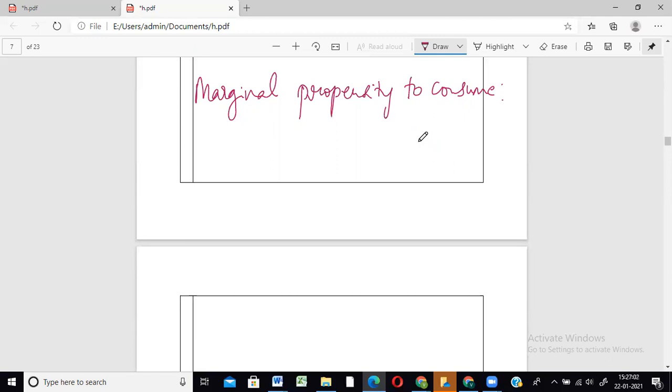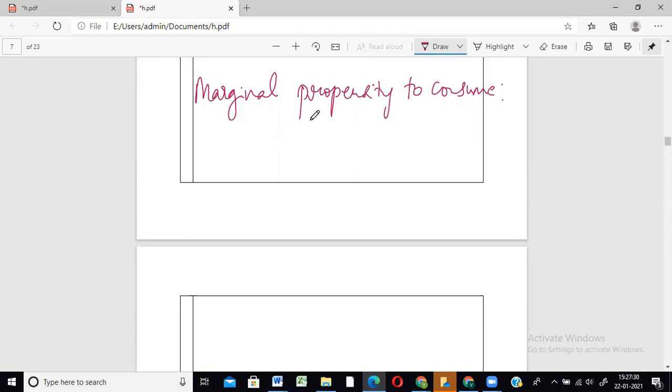Then there are some points where he may not be able to save, and he may take the amount which is kept for saving also. Sometimes he may spend that amount as well. That is called marginal propensity. He consumes the amount he had planned to save but couldn't, and he's spending it on something else.